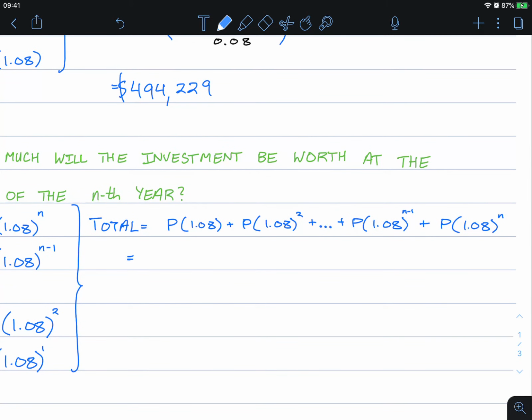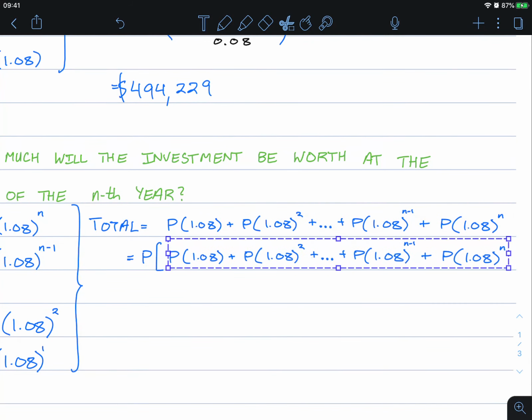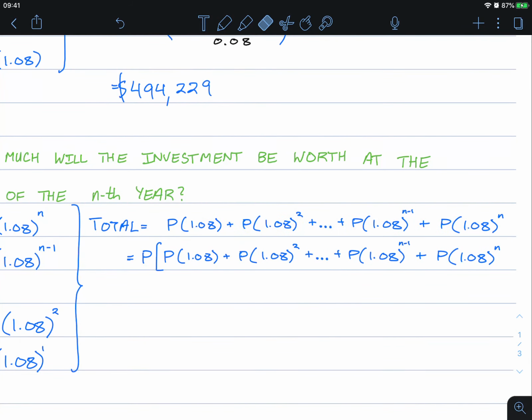In the exact same manner, I'm going to factor out P, and I'm going to duplicate this. Because P has been factored out, these expressions will no longer have P. And once again, P times the sum of this expression here. Highlighting all this in orange so you can see.